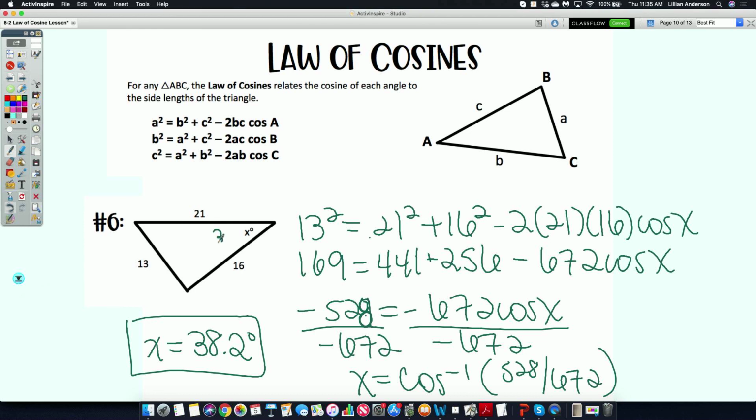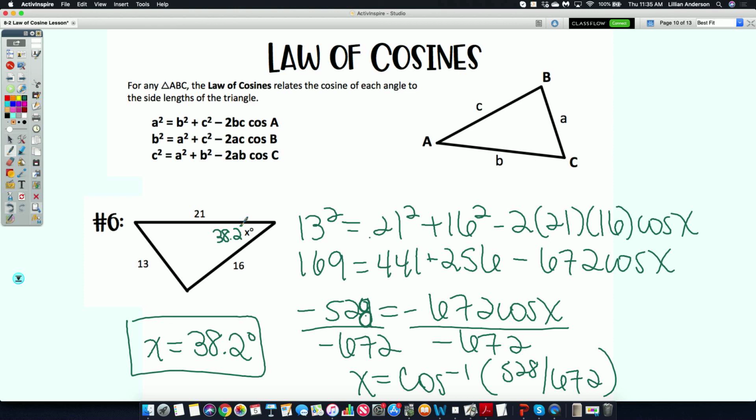Well, at this point, now that I know one of my angles, I could use either law of cosines or law of sines to find either of the two angles. Okay? So if it asks you to actually solve the triangle, yes, you may have to start out using law of cosines, but it doesn't mean you have to continue to use law of cosines to find the rest of the missing pieces. Does everybody understand that?